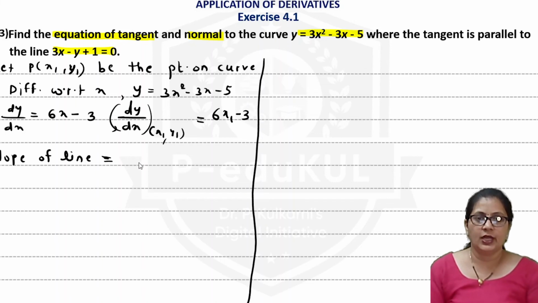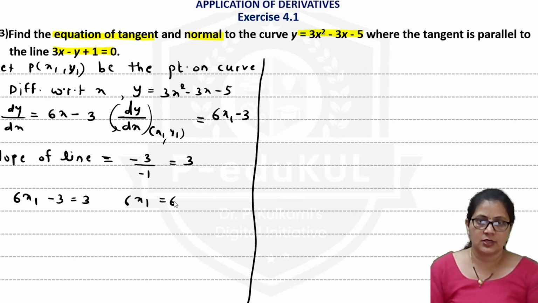So the slope of the line will be minus 3 upon minus 1, so this will be plus 3. Correct? Now I will equate this. 6x1 minus 3 is equal to 3. So 6x1 is equal to 6, and x1 I will get as 1.